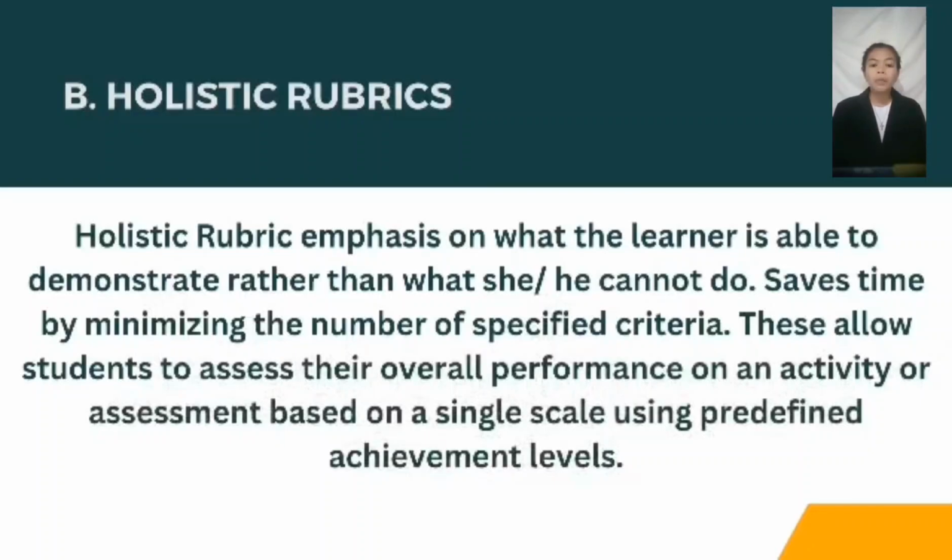The score of the students is based on which combined description best suits their performance output. In short, a holistic rubric is a general way of judgment. Unlike the analytic rubric, where the teacher judges the performance of the students separately for each criterion.